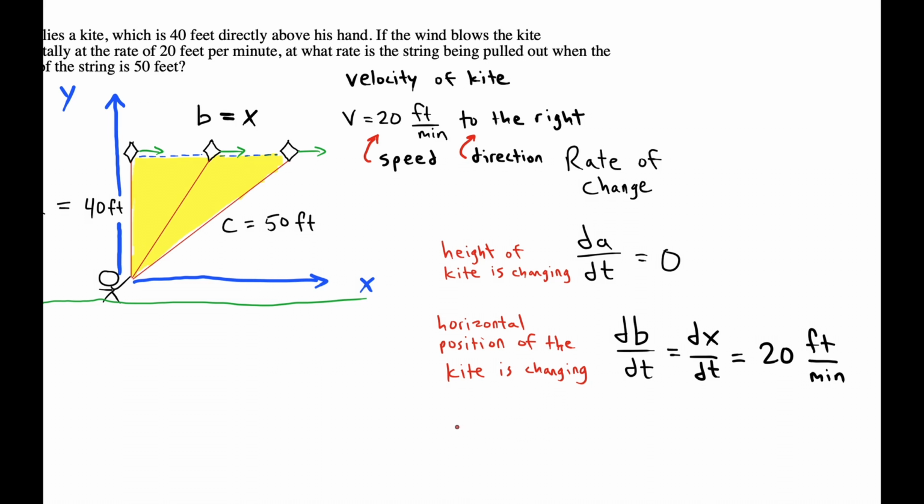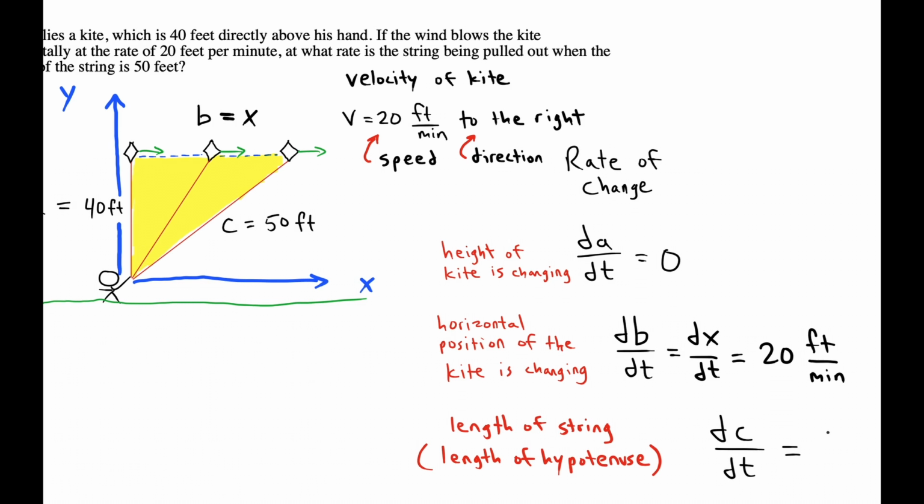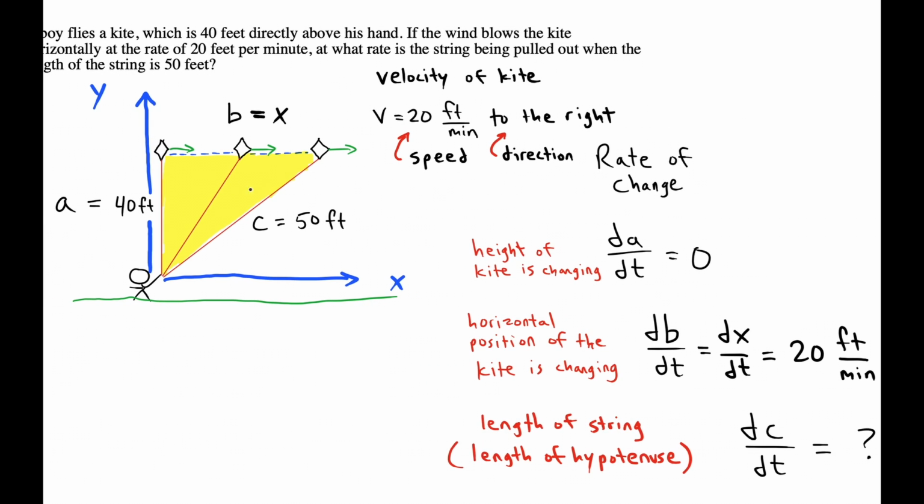The thing we're asked for is how is the length of the hypotenuse changing? I would refer to this rate of change as dc over dt. And this is really unknown to us currently. And the thing about it you could probably figure is that rate of change is not even going to be a constant in this situation.